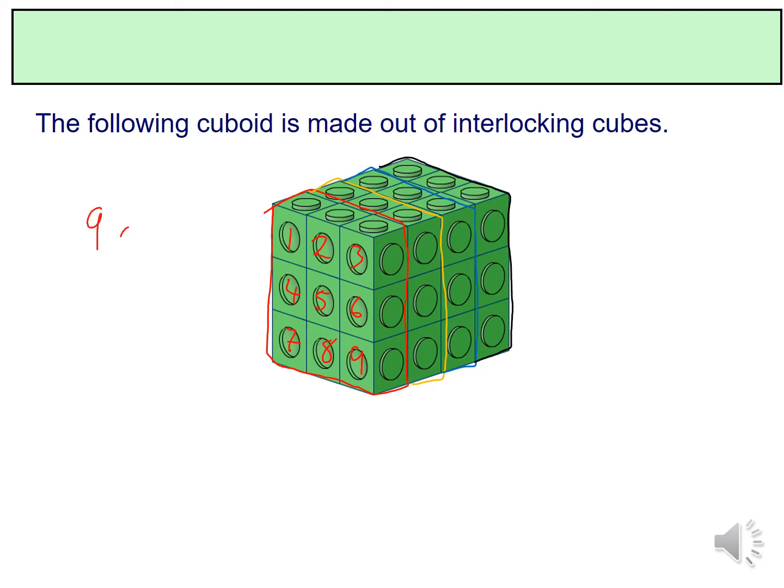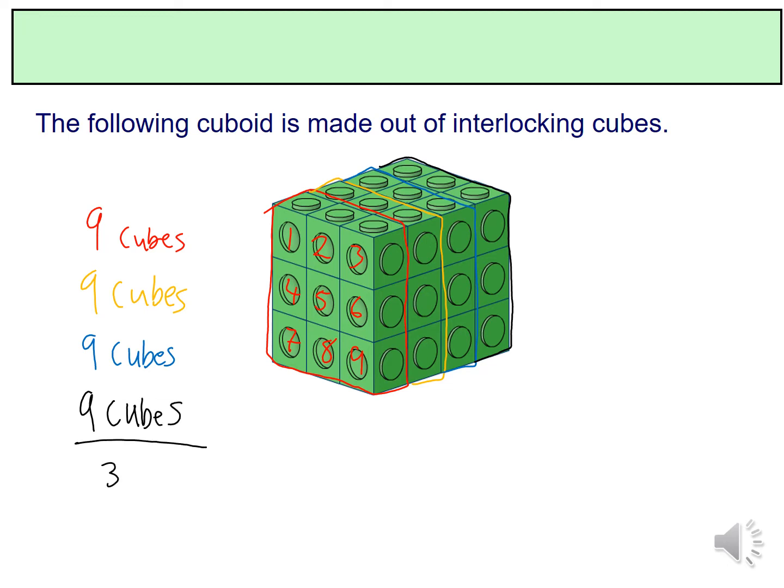We have 9 cubes for the first section, 9 cubes for the second section, 9 cubes for the third section, and 9 cubes for the last section. So in total our volume, we have 36 cubes. Our volume is 36. In this case we're calculating volume to be how many cubes fit into the larger cuboid, but in the next couple of slides we'll be going through using centimeters.